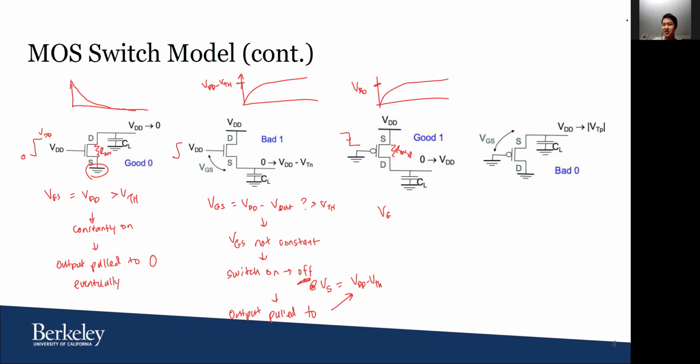Because VGS in this case is always equal to negative VDD, which is always less than V threshold P. Or you can think of it as the absolute value of VGS being greater than the absolute value of V threshold P. So again, this is constantly on, and the output goes to VDD eventually.